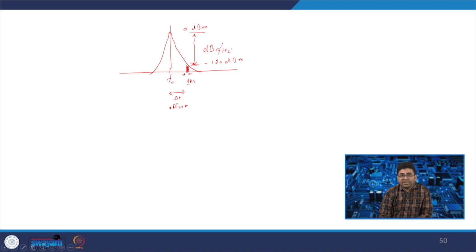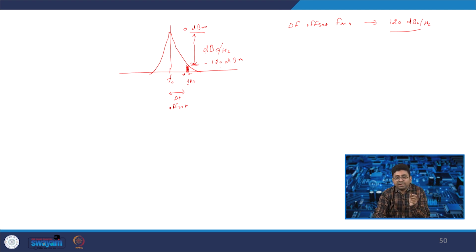So, what is the phase noise? If for delta f offset frequency, the phase noise is given by 120 dBc per hertz. So, this is the unit of phase noise where this delta f offset is important.